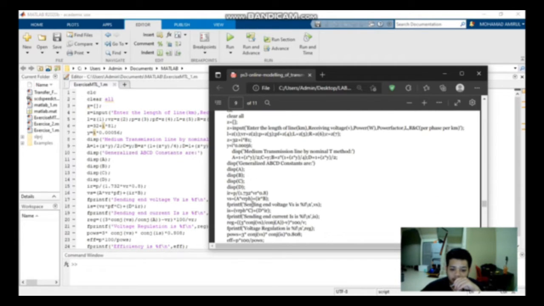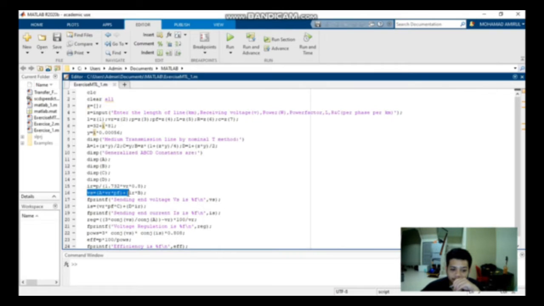At the bottom, where VS was written with ph, I changed it to pf. All the ph I changed to pf, and some formulas were wrong, so I multiplied them like this: A multiplied by VR multiplied by pf, and this also.